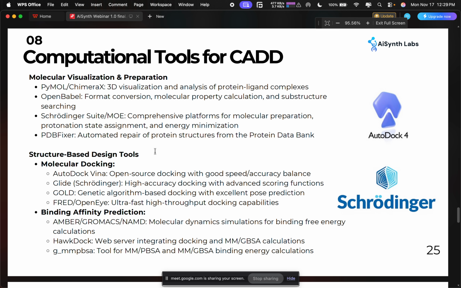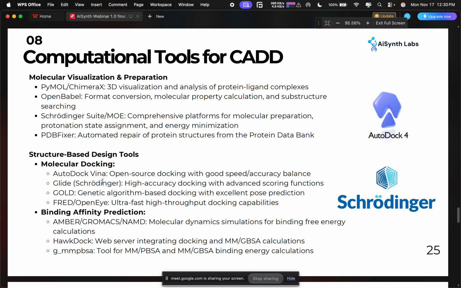But I think there are other ones that are free. I think PyMOL is free. OpenBabel is free, thereabouts. But for docking, if you want to run a docking analysis, you can use AutoDock Vina, you can use Glide on Schrodinger. Schrodinger suite is just a suite of applications. Everything that you need from the beginning to the end of a computer-aided drug discovery pipeline is in Schrodinger.